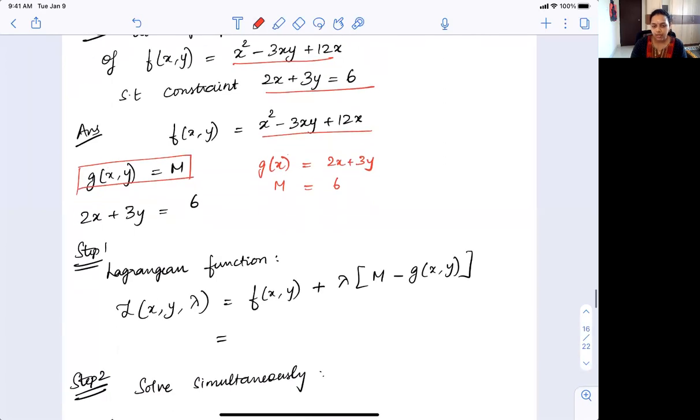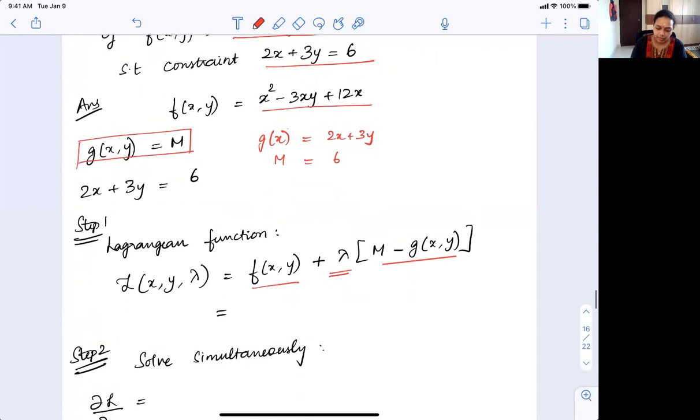When you write down the Lagrangian function, you put f of x, y plus lambda times n minus g of x, y. You will find the value of lambda when you solve simultaneously in the next step.